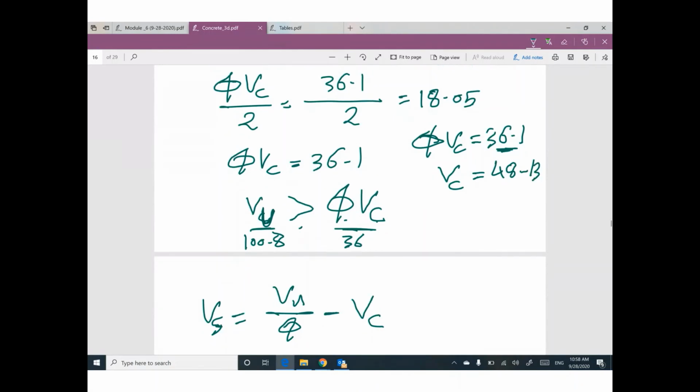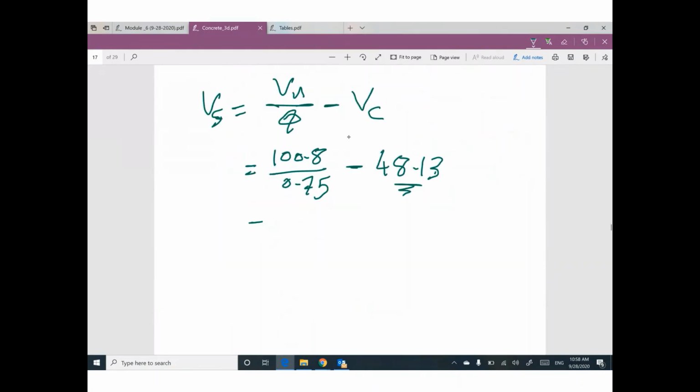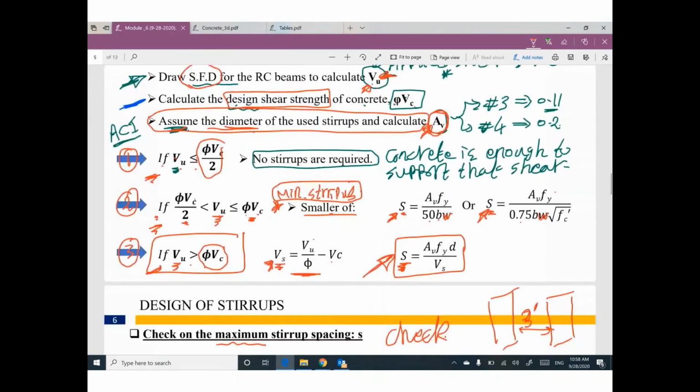So I can figure out the value of VS. Your value will be 86.27 kips.